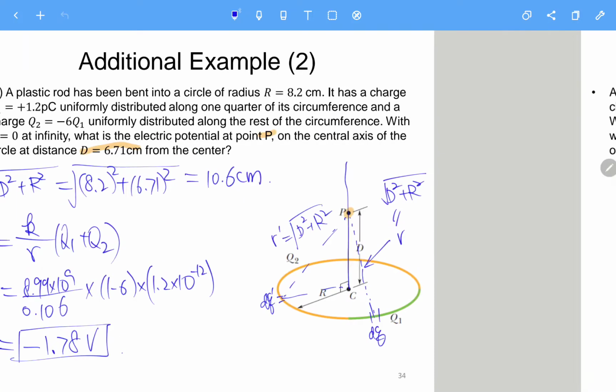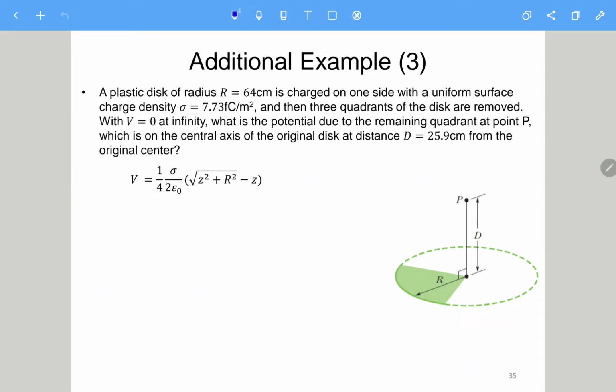Okay, here is the third one. It says a plastic disc of radius r equals 64 centimeter is charged on one side with a uniform surface charge density sigma equals 7.73 femtocoulomb per meter squared. Then 3 quadrants of the disc are removed.